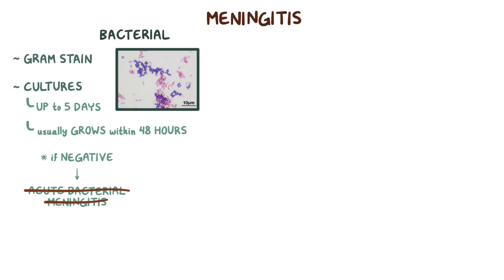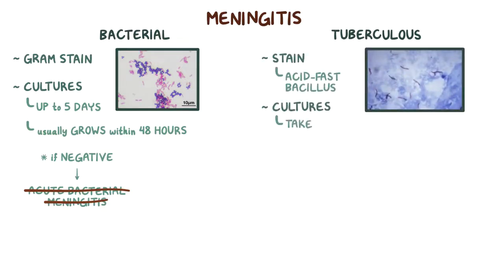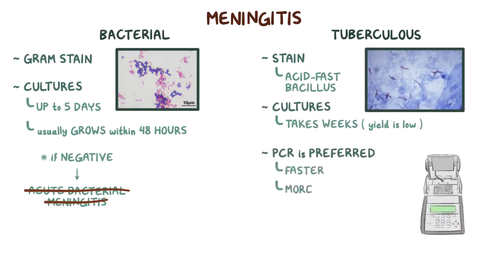When it comes to viruses, tuberculosis, fungi, and neurosyphilis, specific tests may be obtained. In tuberculous meningitis, the stain would show acid-fast bacillus and cultures can take weeks, although the yield is low. Therefore, TB PCR is preferred because it's faster and more sensitive.